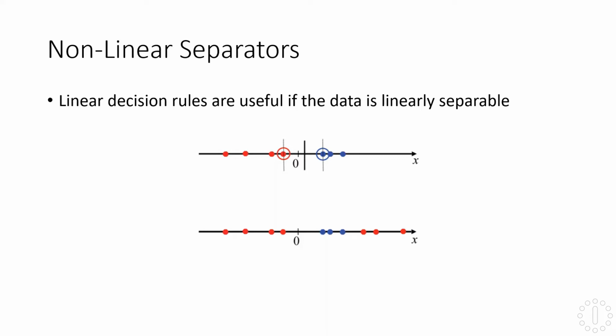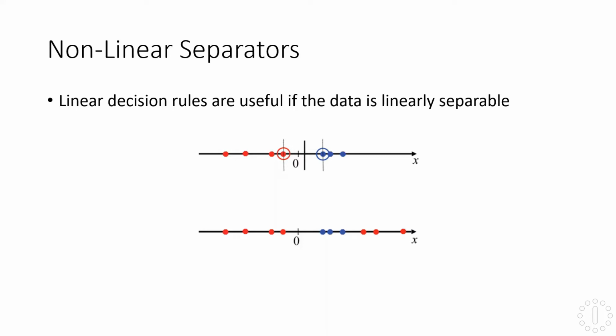The first picture here shows us linearly separable data. So, for example, we have all of the red dots on this side, all of the blue dots on this side. So maybe we can decide that this here is the separation boundary, which tells us, okay, everything right of this is blue, everything left of this is red.